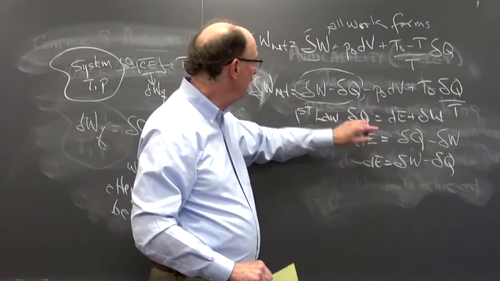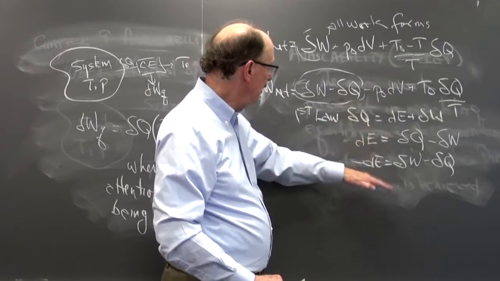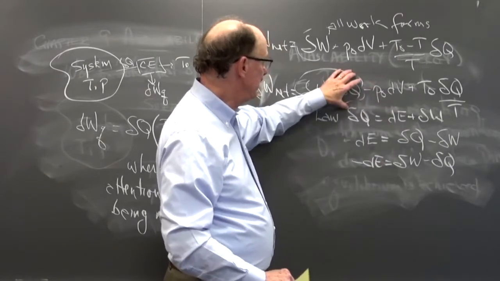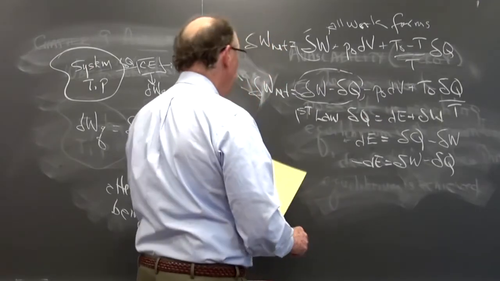So del W minus del Q is really dE, and so I can replace this by the change of energy, and we know what E is.